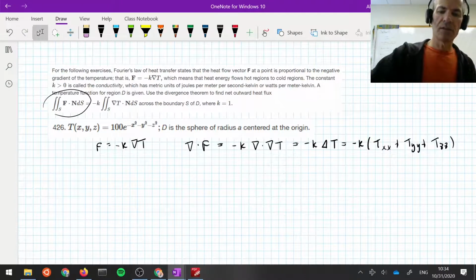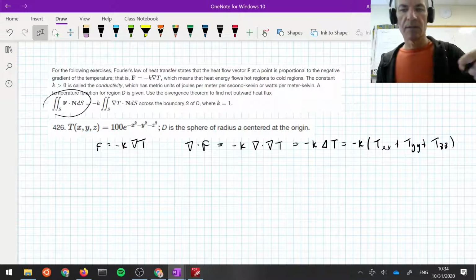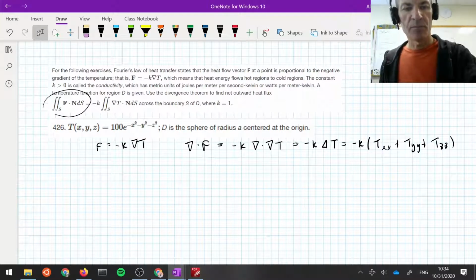So it really is just up to us to compute the second partial derivatives of this function T.